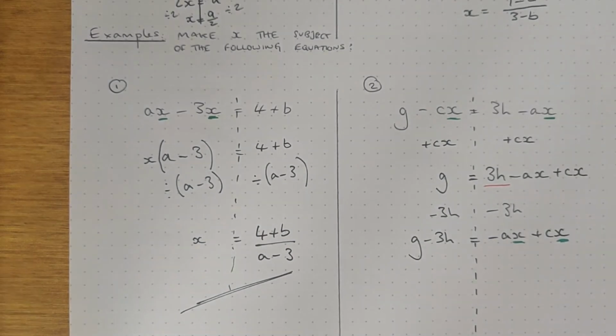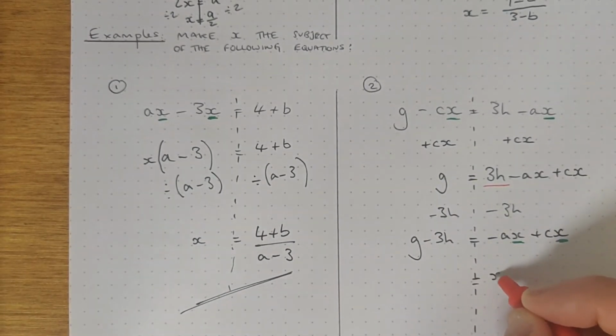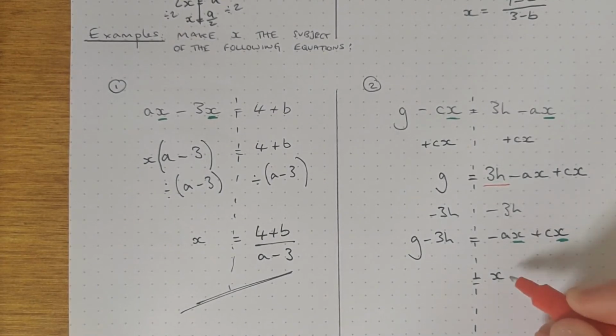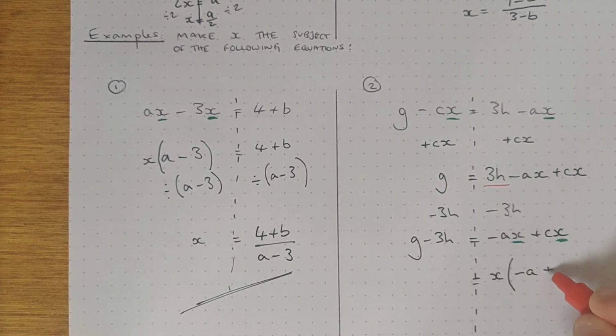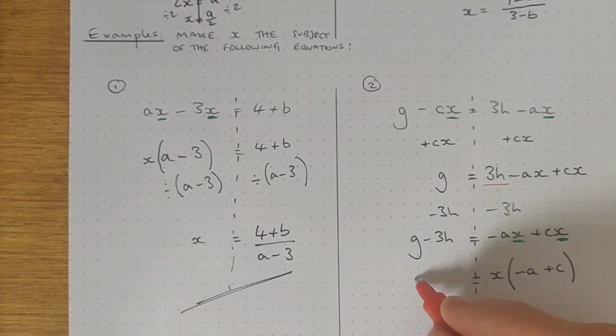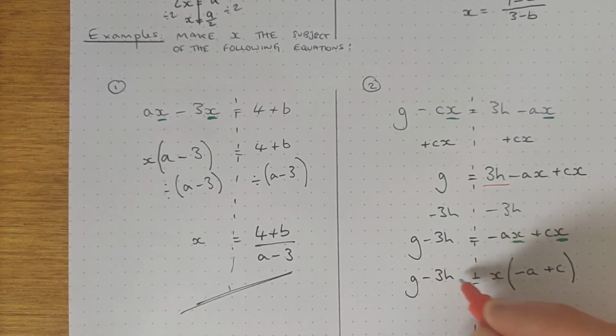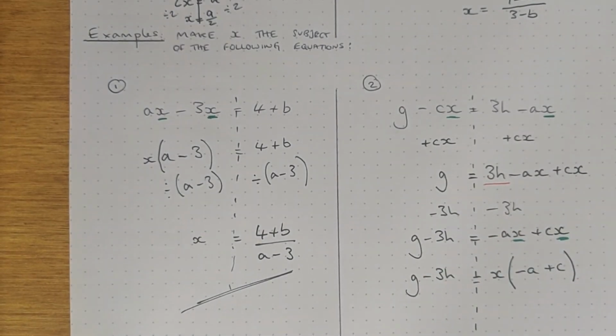When I factorize, I know my common factor will be x. Now, I then have take away a plus c. And I've not done anything to this side, so I still have g take away 3h.